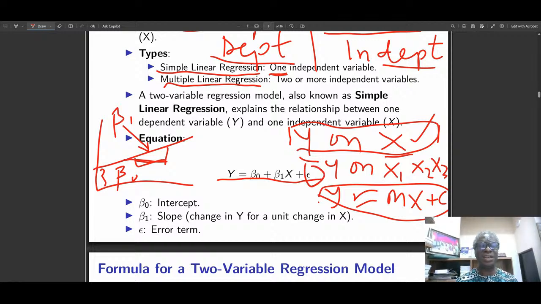The epsilon there is the error term. For now, we are not going to talk much about that. In subsequent classes in statistics, you will learn more about that error term, the assumptions, and all of that.